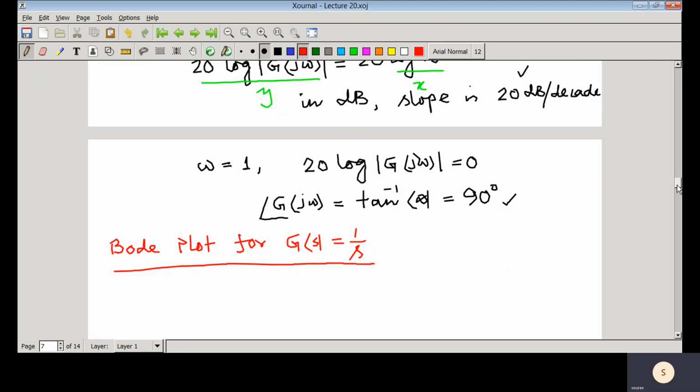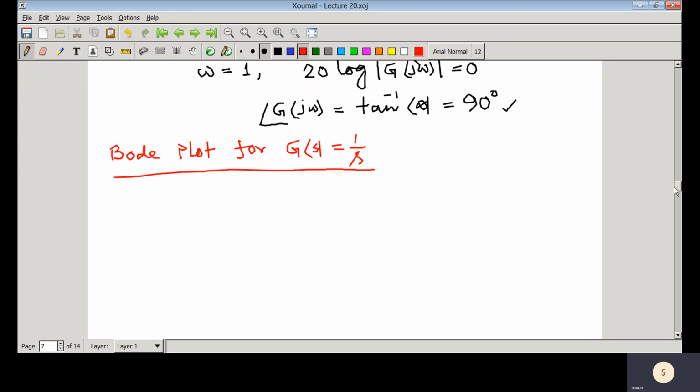In this case, what would be the magnitude and phase plot? G(j omega) is 1 by j omega, so it can be written as 1 by omega, and as j omega is in the denominator, the angle will be minus 90 degrees.